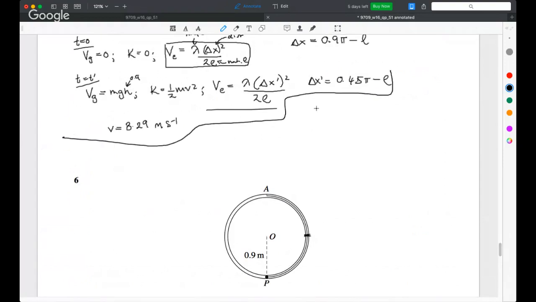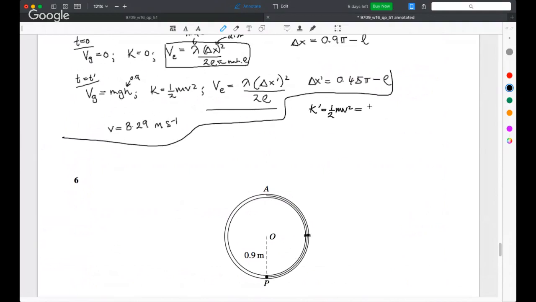So our kinetic energy at the later time, which is 1/2 mv squared again, is equal to whatever energy the thing had at the beginning.